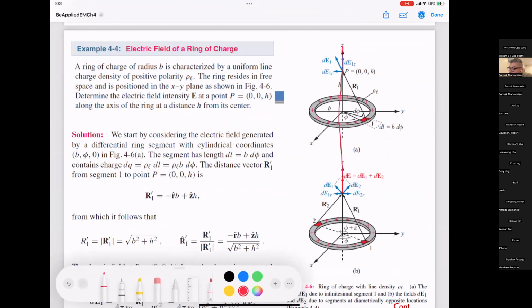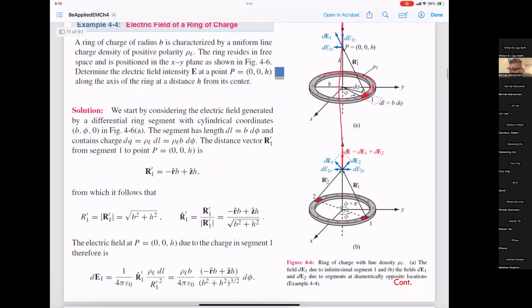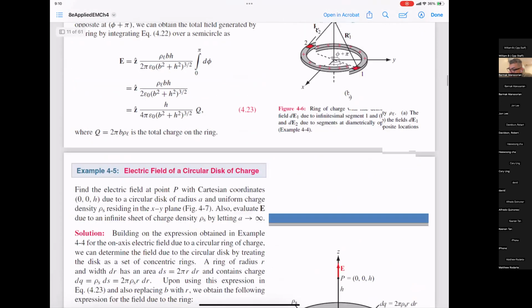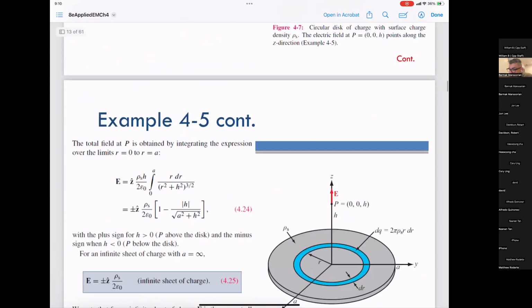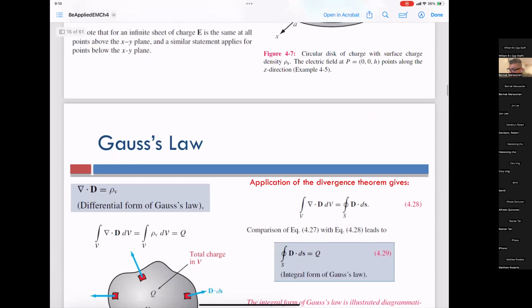If you do this, you're doing a line integral, calculating the charge along the ring and its effect on the electric field. It's a fun exercise, I guess, but I'll skip it. You can follow that later.